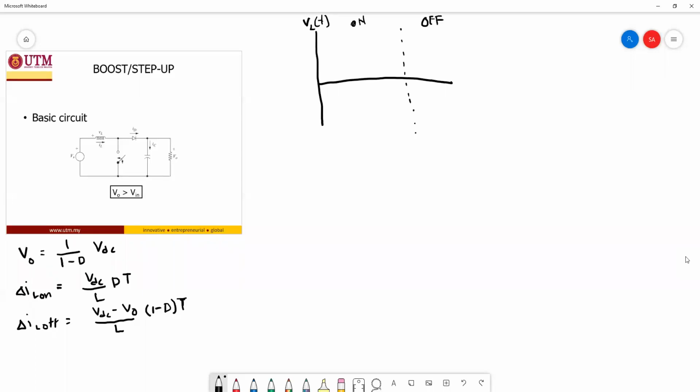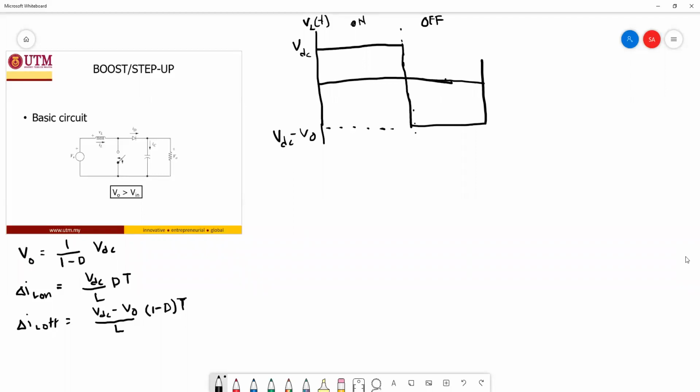During switch on, the inductor voltage is equal to VDC, while during turn off it is equal to VDC minus V out. This one will always be negative because this is a boost converter, so V out will always be larger than the input.